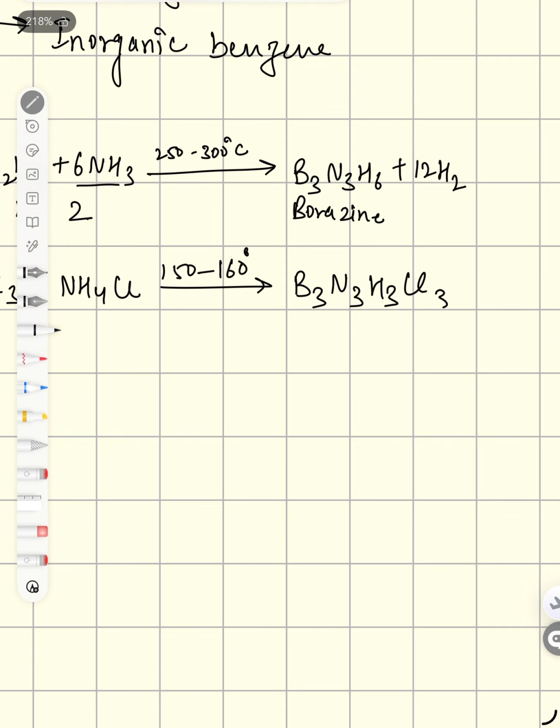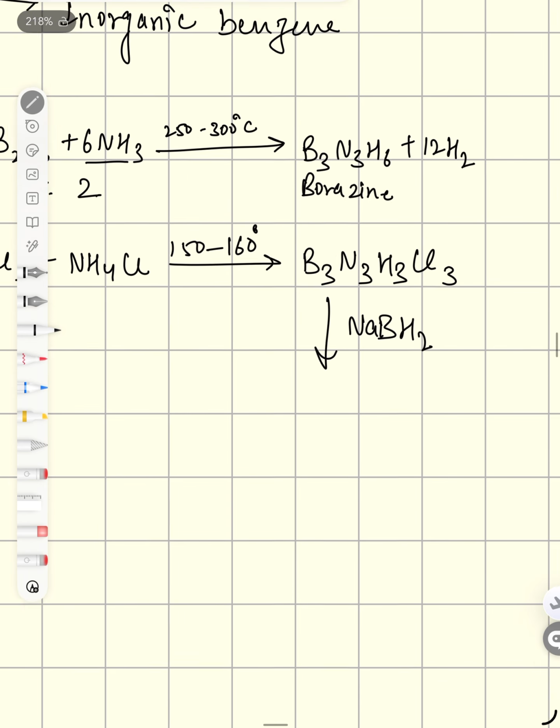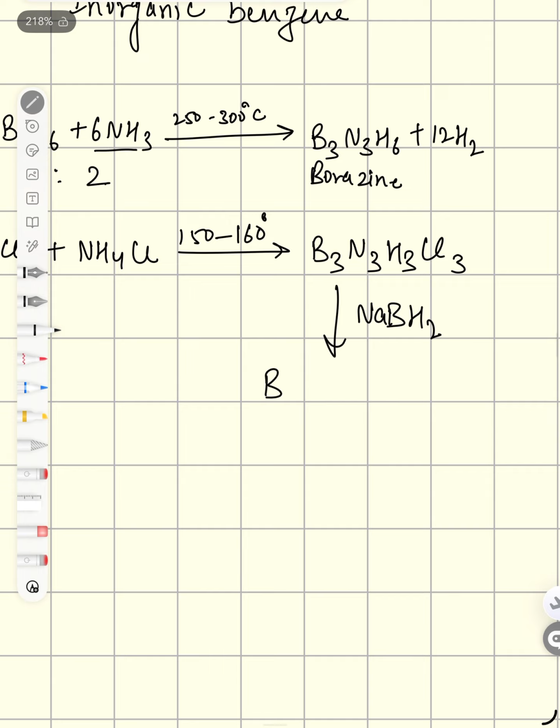This product is further reduced by sodium borohydride, which is a reducing agent, resulting in the formation of borazine. And these are the byproducts formed, right?